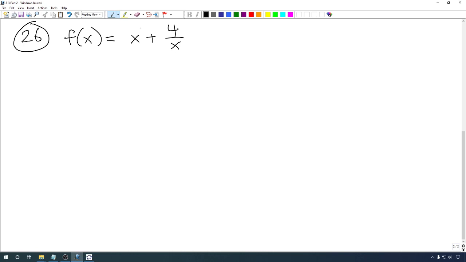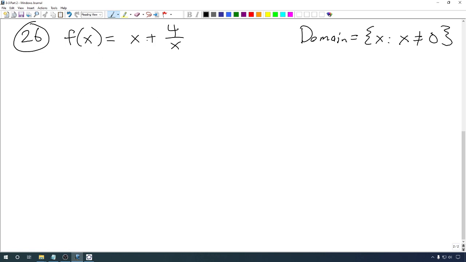First things first, the domain of this is not all real numbers. When we had polynomials before, all of our domains were everything. So we didn't really even have to use the domain in those problems. The domain here can't include 0. We can't plug 0 into 4 over x. So it's all x, where x is not 0.